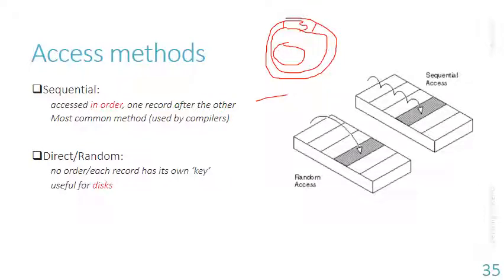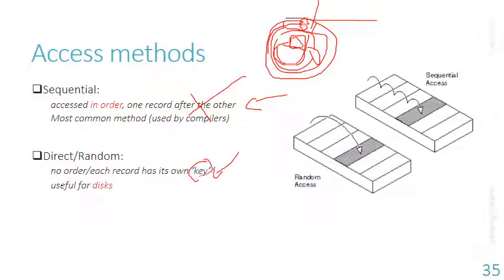If I'm using the sequential method, what would happen to me? This means that I need to go through all of the tracks and all of the sectors in order to get to the particular one that I need. Not good for disks. However, here all I need to do is move the head directly to the corresponding track and to the corresponding sector using the key that is translated in a way or another over there.